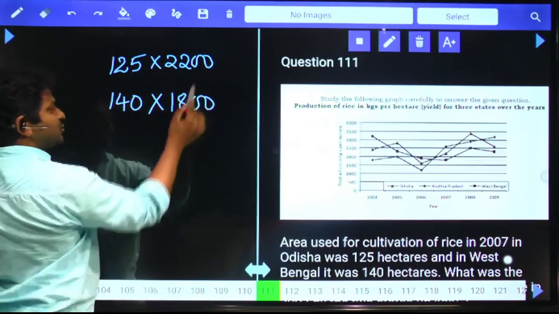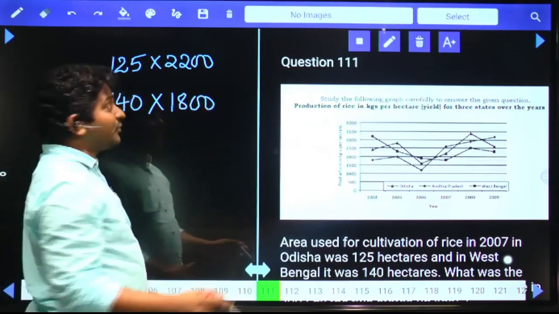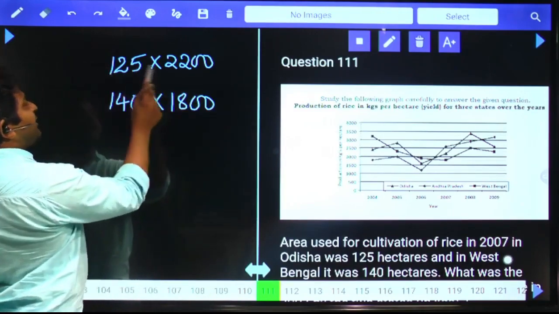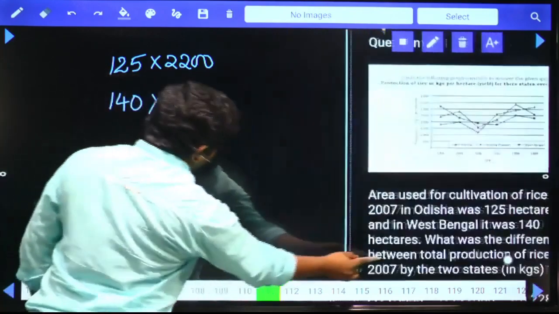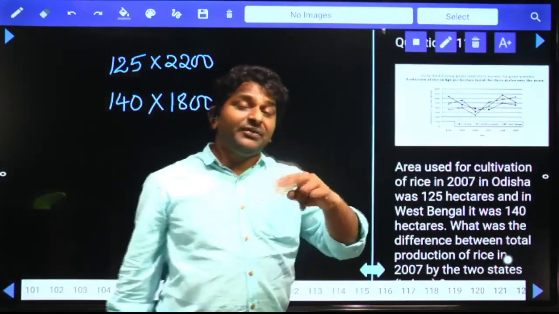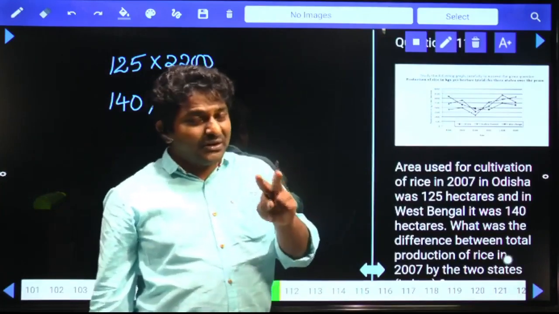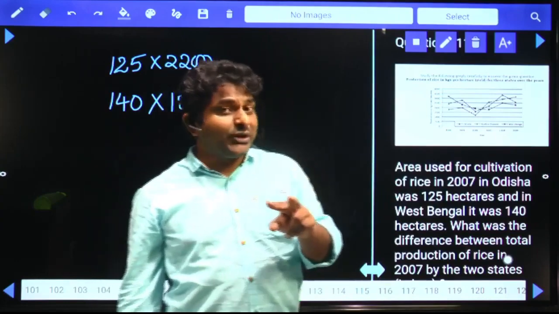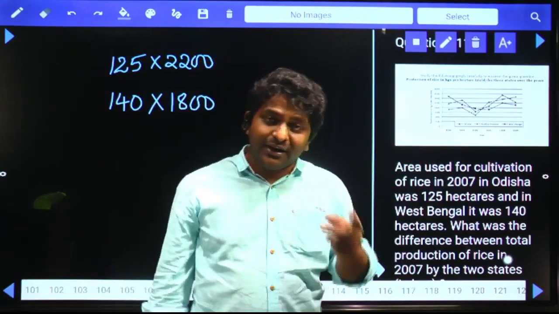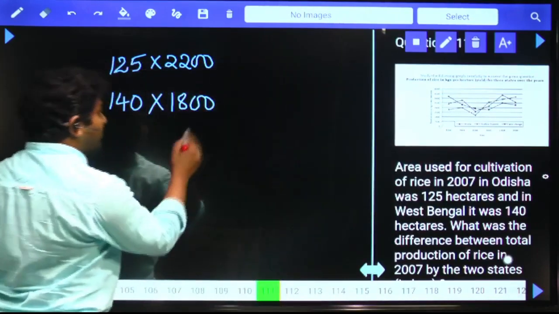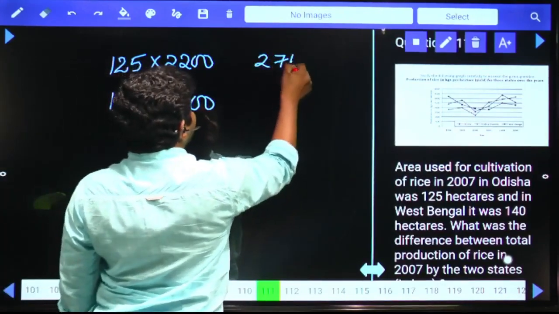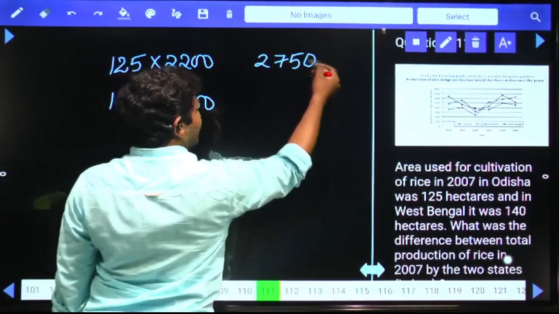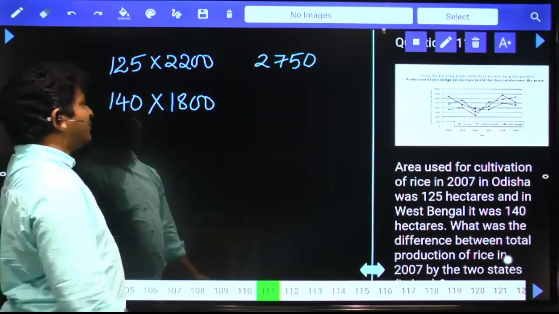2 zeros are there. They are quite common, don't worry about it. 125 times 22. That can be done like 125 times 20 plus 2 times. 125 times 20 is 2500 plus 2 times is 250. 2500 plus 250 is equal to 2750. 2 more zeros are there; we will consider them later.